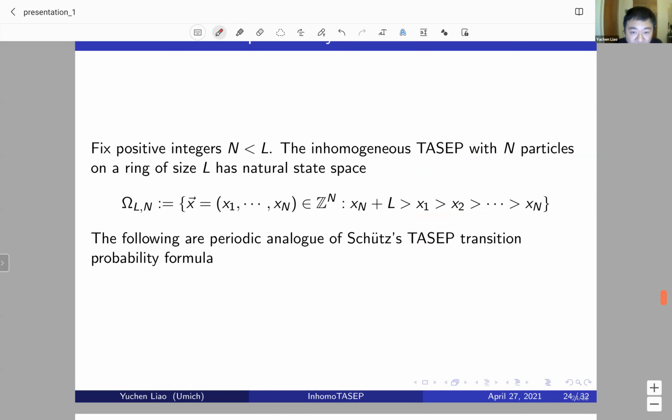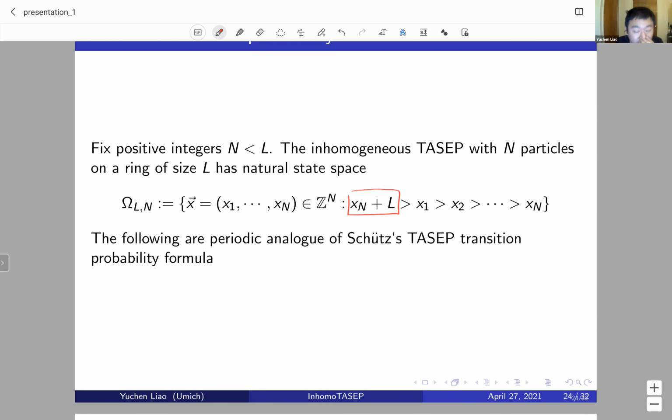So at this moment, we are considering a variant of the previous model, and the only difference here is we are considering the same inhomogeneous TASEP dynamic, that is, the i-th black particle and the j-th white particle exchange location with the rate pi plus pi j hat. But for the periodic model, there is an extra constraint, that is, the first particle is blocked by the last particle as well.